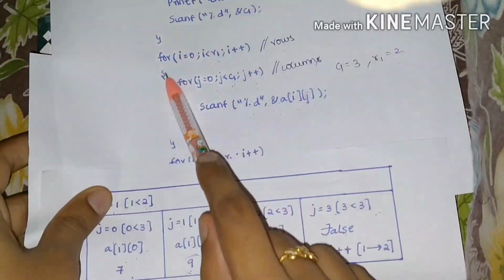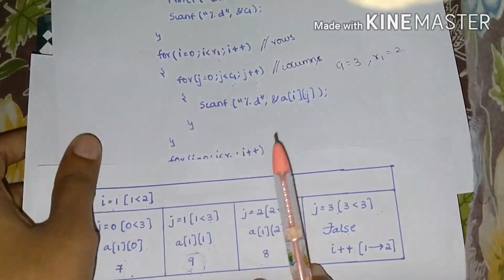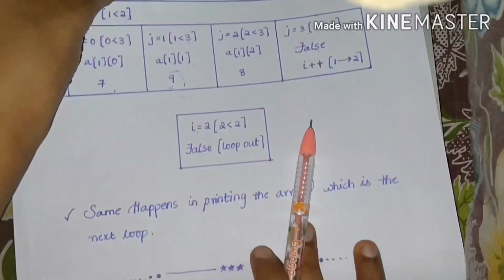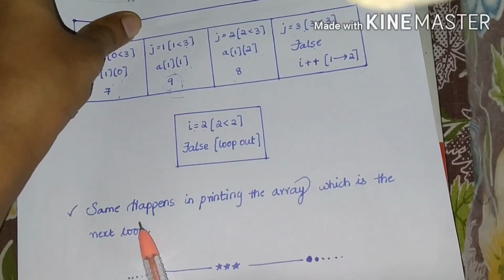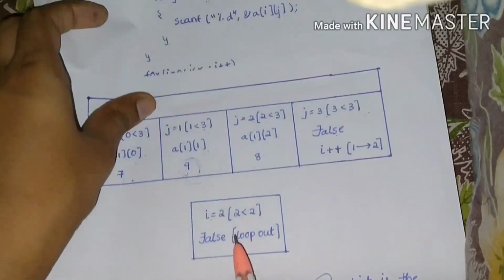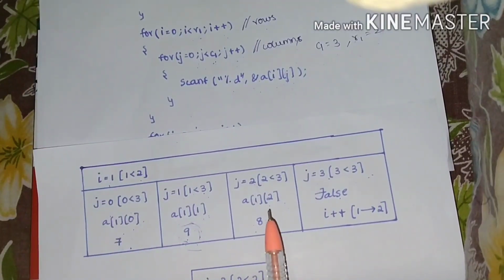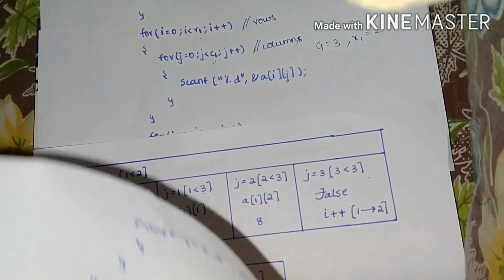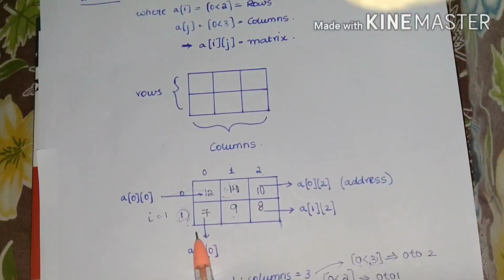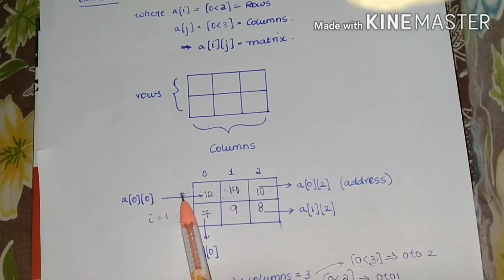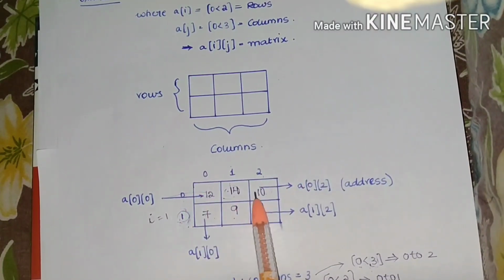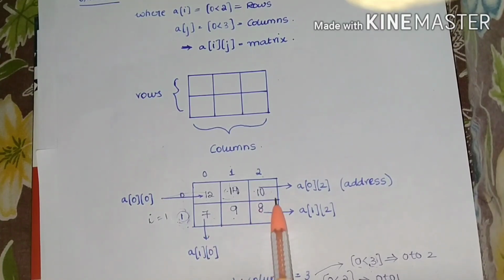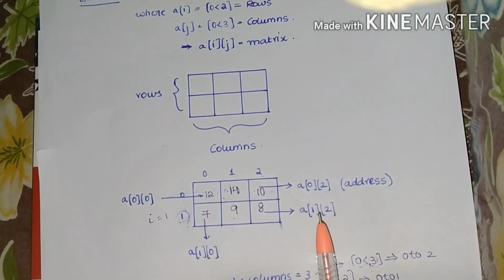So the total loop is completed, and finally it comes out, and the loop is completed. Finally the way it's stored is in this way. We have given loops for rows and also for columns, and the matrix is filled, the box is filled.